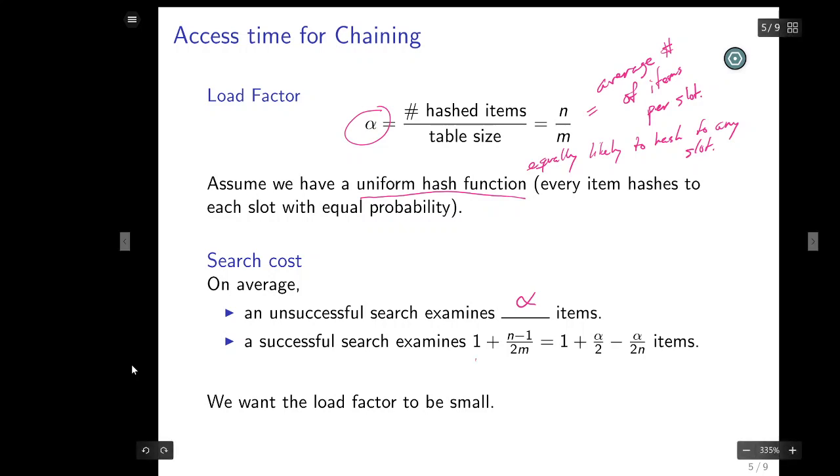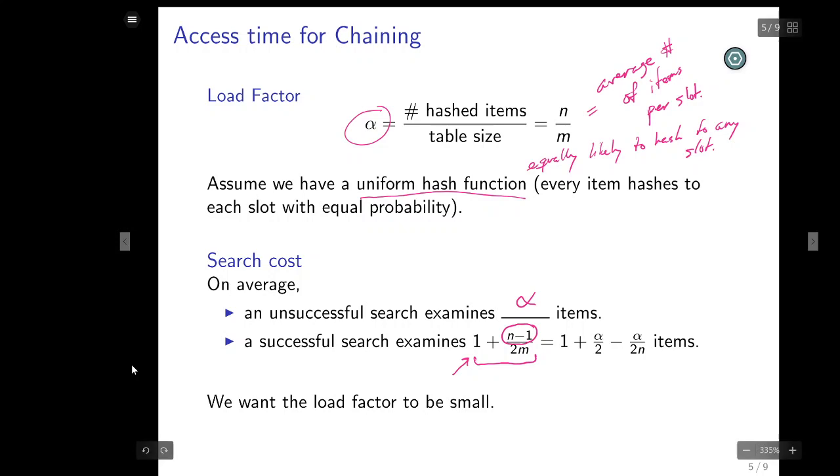The successful search is more interesting. It's so interesting that your book got it wrong. But it looks like this. It looks like the cost associated with finding the successful item, the one that you found, and then of all the other n-1 items in the table, half of them probably preceded the item that you found in the linked list.